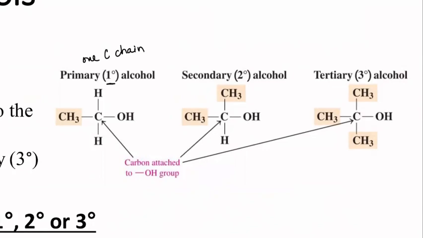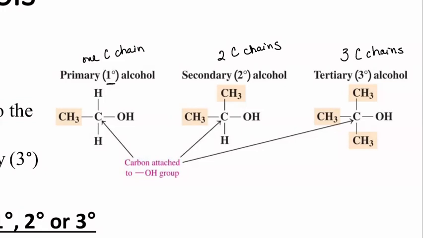If the carbon that is holding the OH is attached to two carbon chains, then that is known as secondary. And as you can see, if the carbon that is holding the OH has 3 carbon chains attached to it, that is known as a tertiary alcohol.